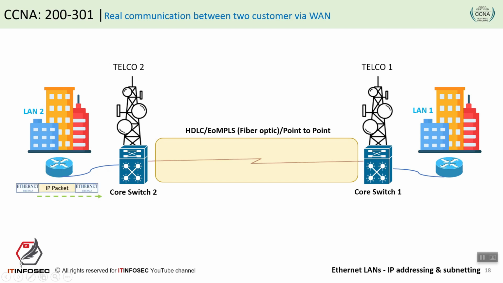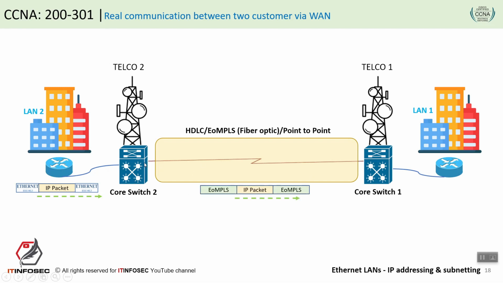Okay, and when you want to send an Ethernet packet from the LAN computers to the switch, and from the switch to the router, the router sends Ethernet packets with the IP address of source and destination, the source being this router and the destination being the other router, to the telecommunications.